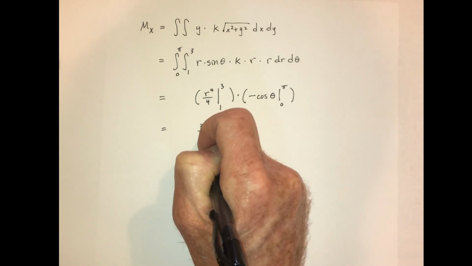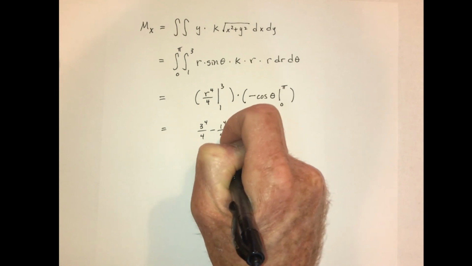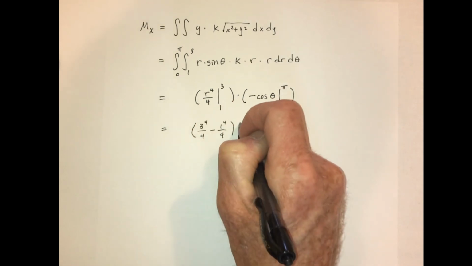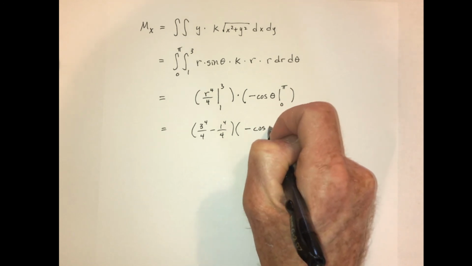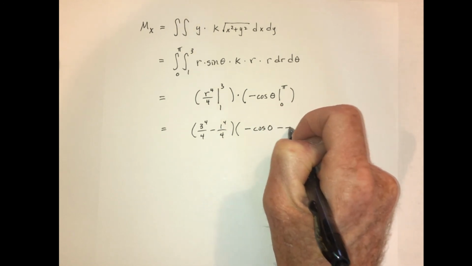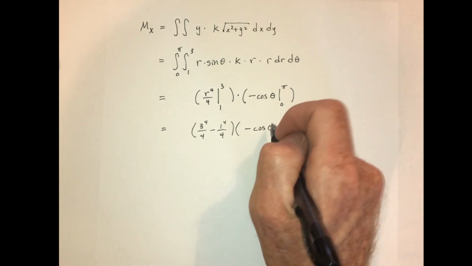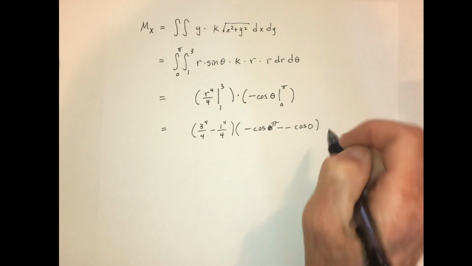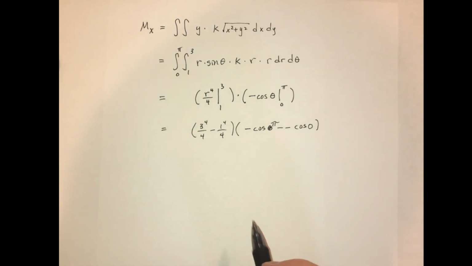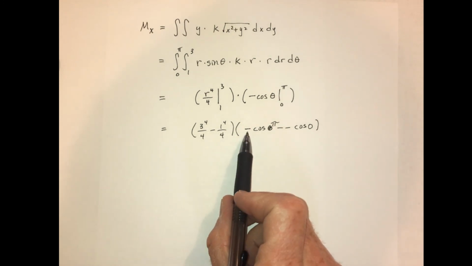So this one is 3 to the 4th over 4, minus 1 to the 4th over 4. And then negative cosine of 0 minus negative cosine, oh no, I switched them. Sorry, pi, and then cosine of 0. So this cosine of pi is negative 1. Together with that, we now have positive 1.